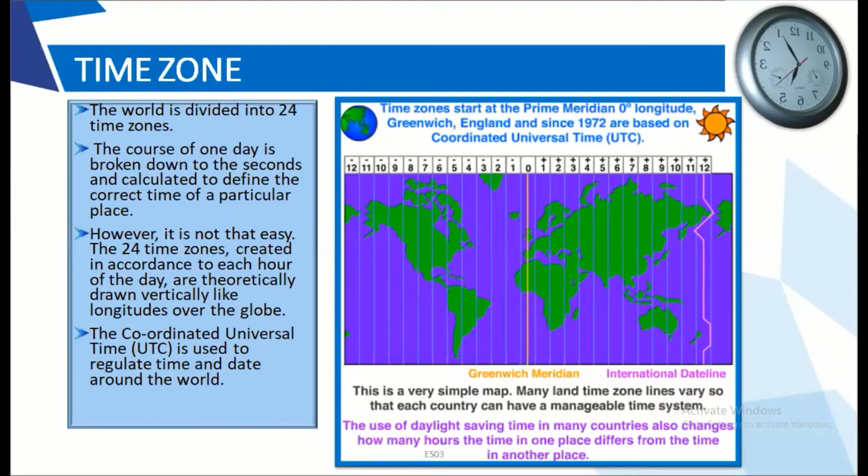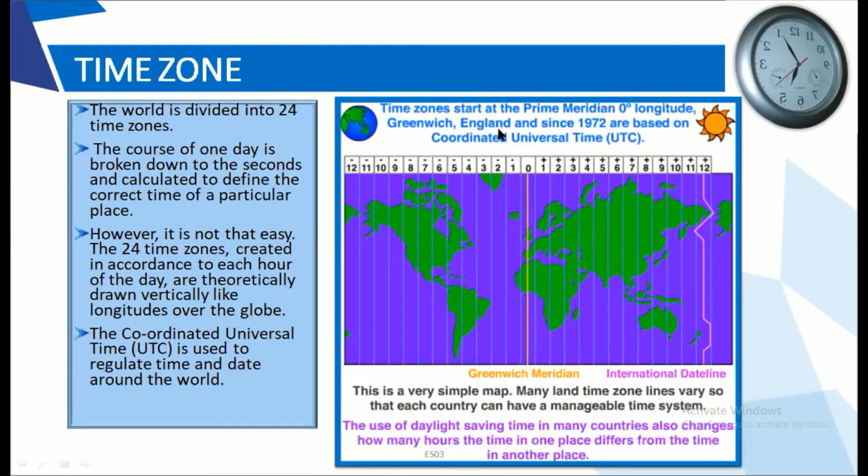The Coordinated Universal Time, well known as UTC, is used to regulate time and date around the world. The time zone starts at the prime meridian, which is the 0-degree longitude. It is also known as the Greenwich Meridian.